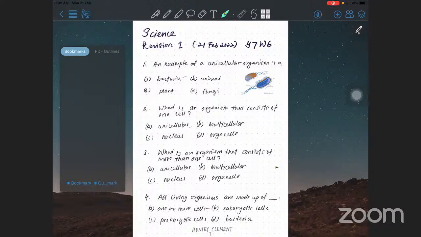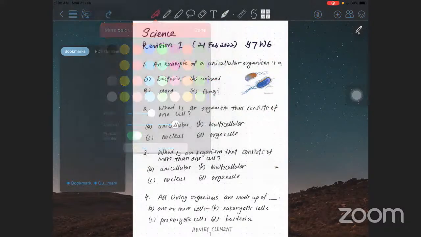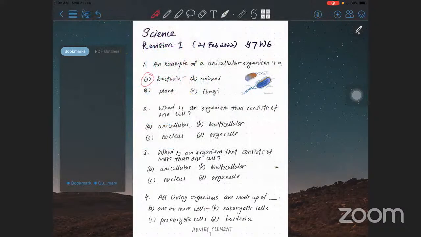I think most of you will choose bacteria. Allow me to change the color, maybe red. Yes, this is the answer.